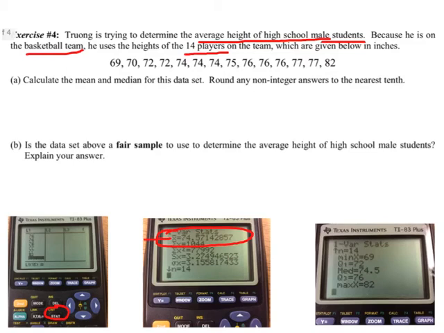That means average. Okay? So it says here, calculate the mean and median for the data set. Round any non-integer answer to the nearest tenth. So 74.57, if I look at the 5, I underline the 5, I look to the 7, it tells the 5 to go up. My mean is going to be 74.6.